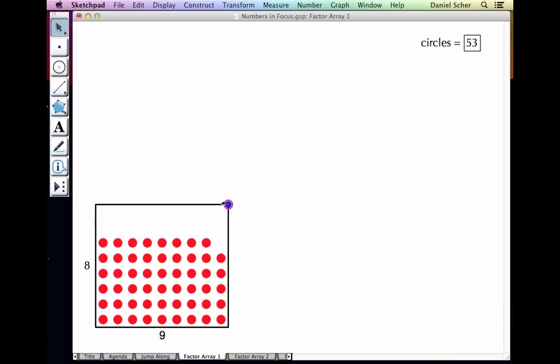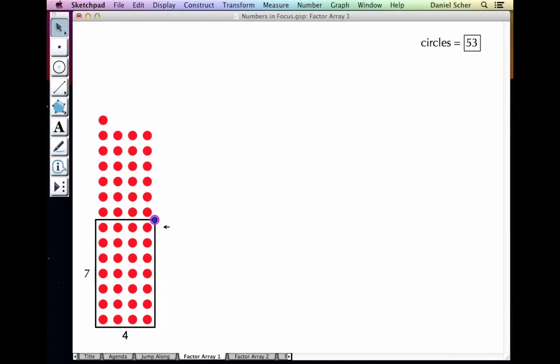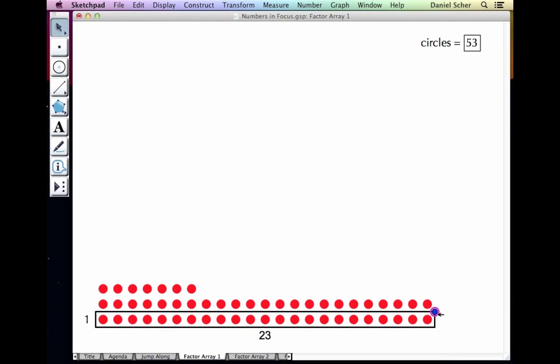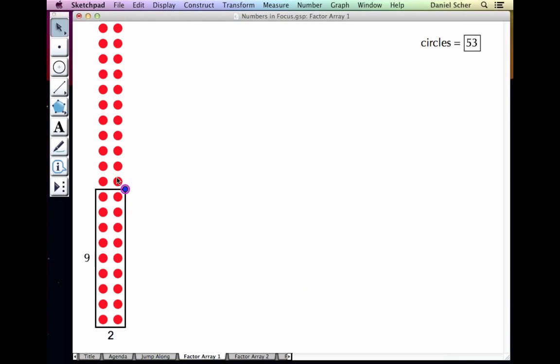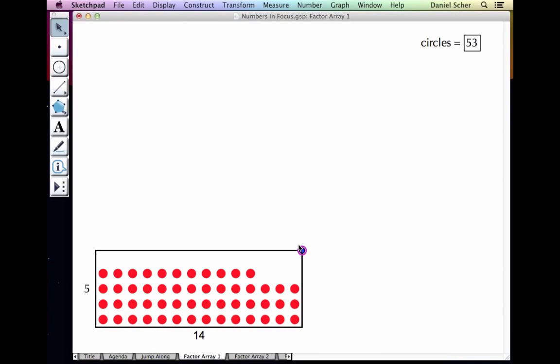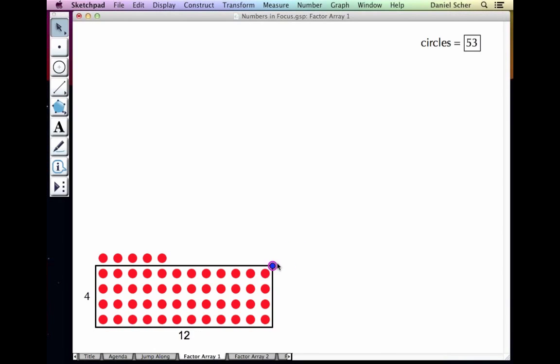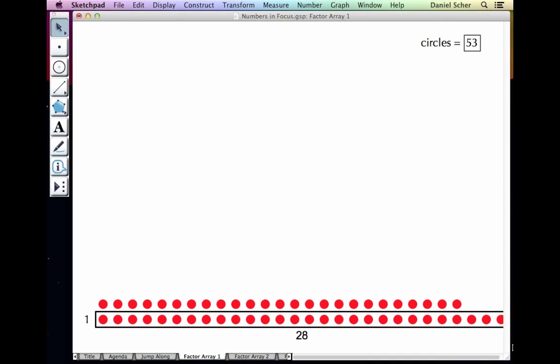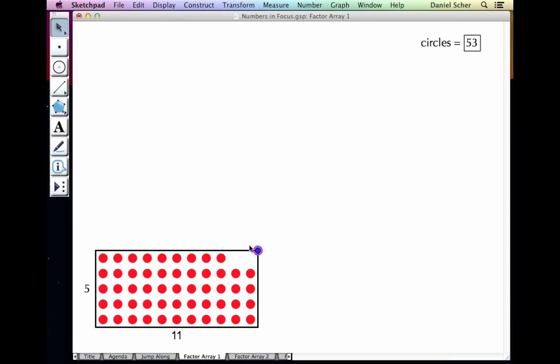I could get one row with 53 dots, but that's going to extend off the screen, and the same if I go this way. So we can begin looking at the idea of what a prime number is. What does it mean that 53 is prime? It means you can fit it in like this, or you can fit it across like that, but you can't get any other arrangement of them.